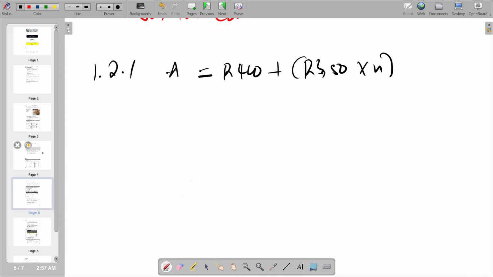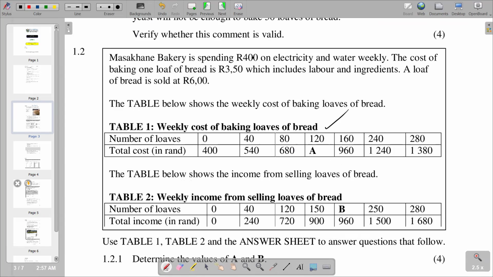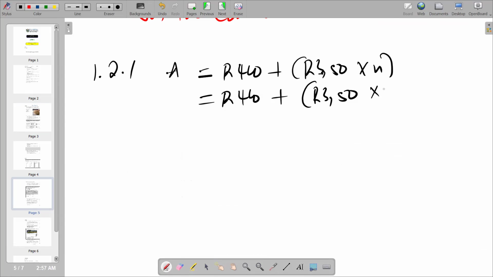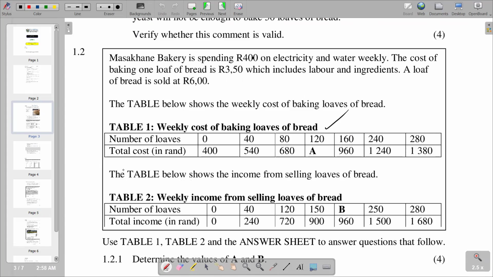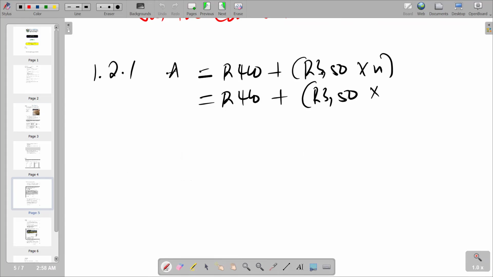In this case, the number of loaves that we are given is 120. So we can substitute there, and it becomes plus 350 times 120.